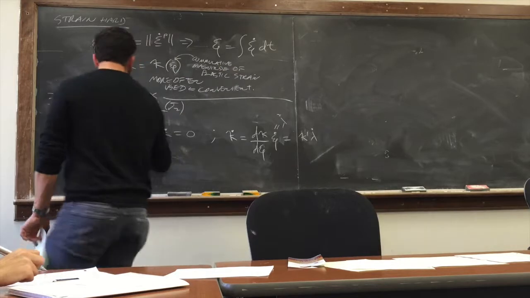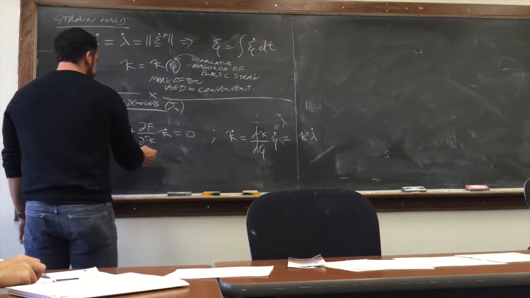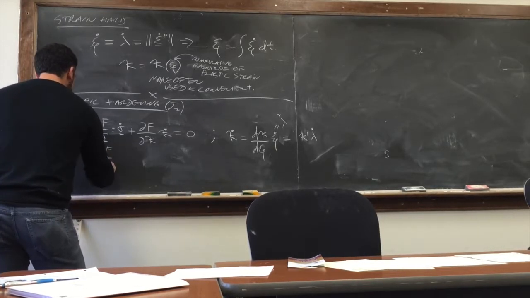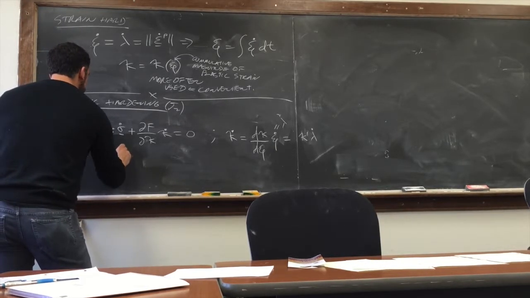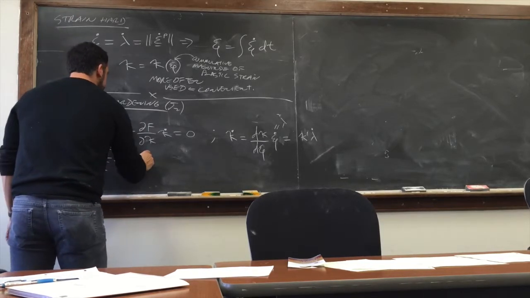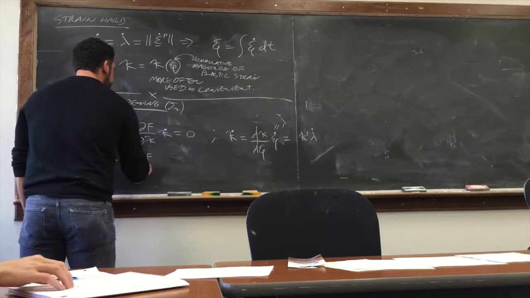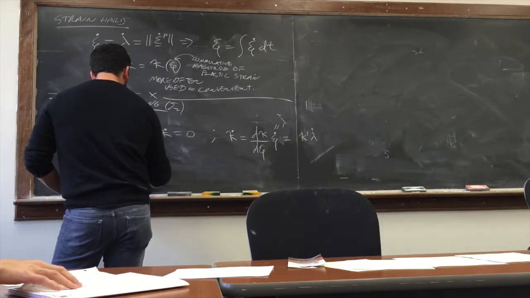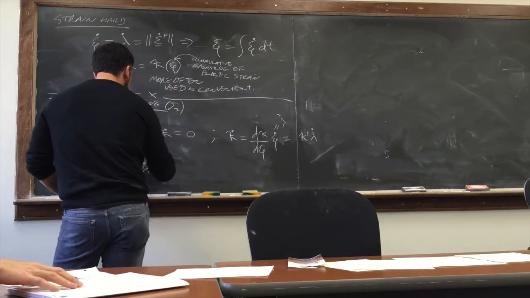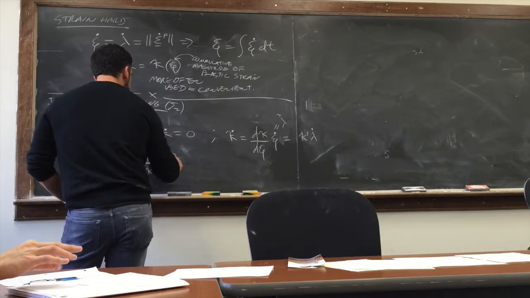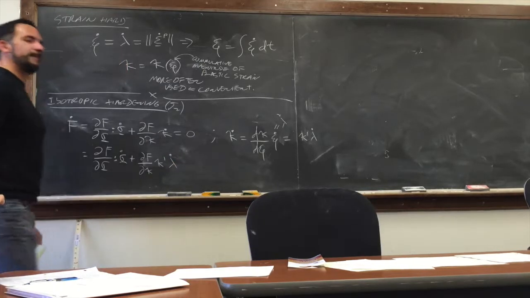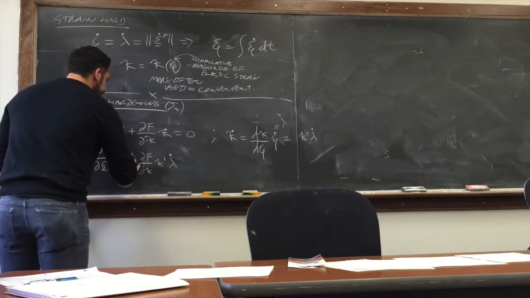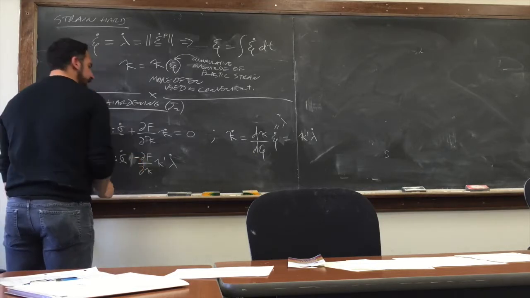Okay, so then dF d sigma double contracted with sigma dot plus dF d kappa, and then I replace this kappa dot with kappa prime lambda dot. And then, as a matter of convenience, I'm going to put a negative sign here.